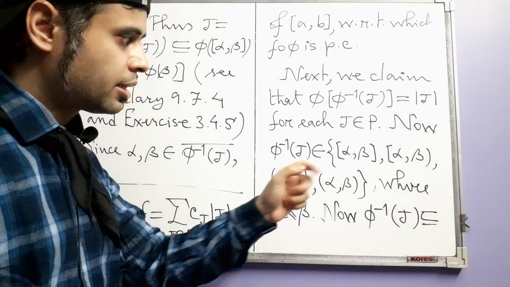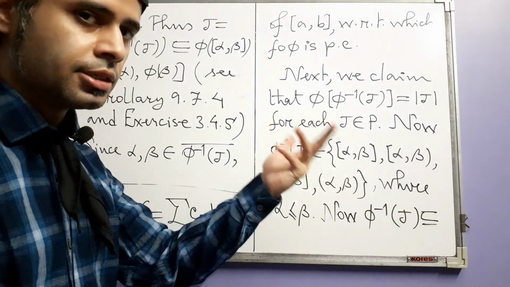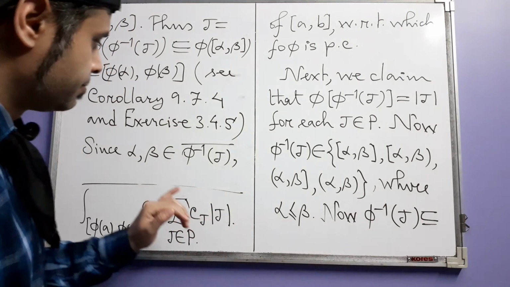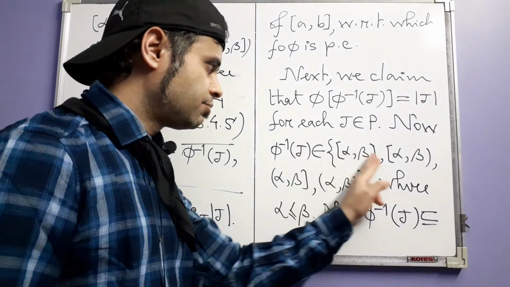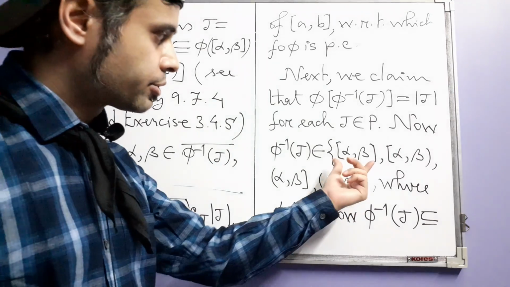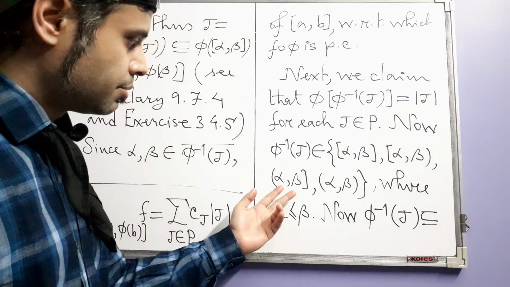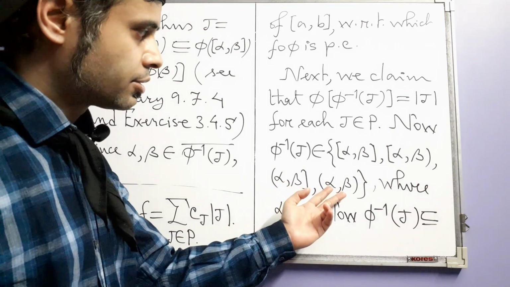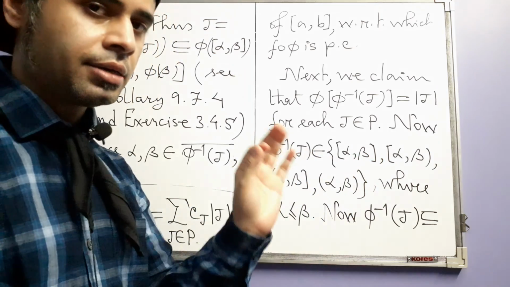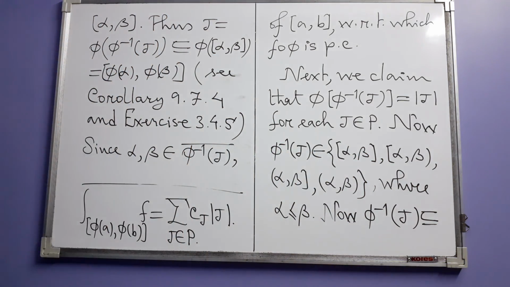Then its closure is also that interval because it is closed, so it is equal to its own closure and it has alpha and beta. If, however, phi inverse of J is this half open interval, then also its closure is the closed interval. So again alpha and beta are there. Similarly, if phi inverse of J is this or this, because the closures all equal this, alpha and beta are always in the closure of phi inverse of J.